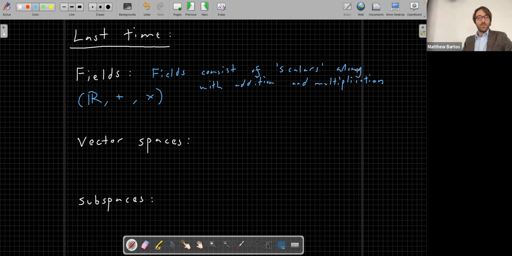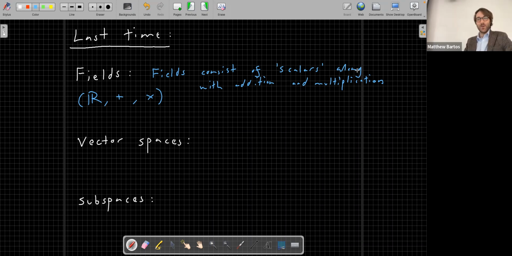Okay, so we talked about fields, then we talked about vector spaces. This is the main topic of the last lectures. So what, in your own words, is a vector space, or what's the general idea of a vector space? A set of vectors such that we have operators where you can add and you can scale.